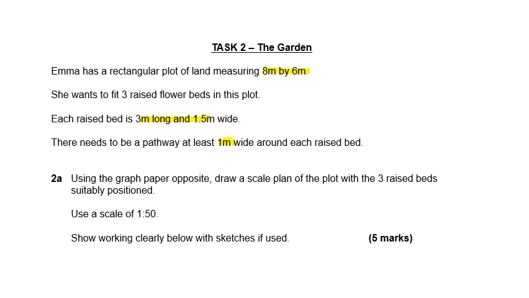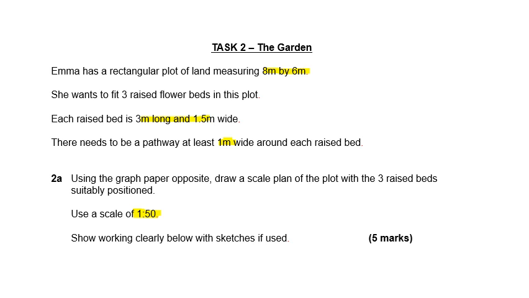So we need to make real life measurements smaller. Now, how do we make measurements smaller? We divide. What do we divide by? The key thing here is we divide by the scale, which in this case is 1 to 50. So what this question is asking you is to make everything 50 times smaller.